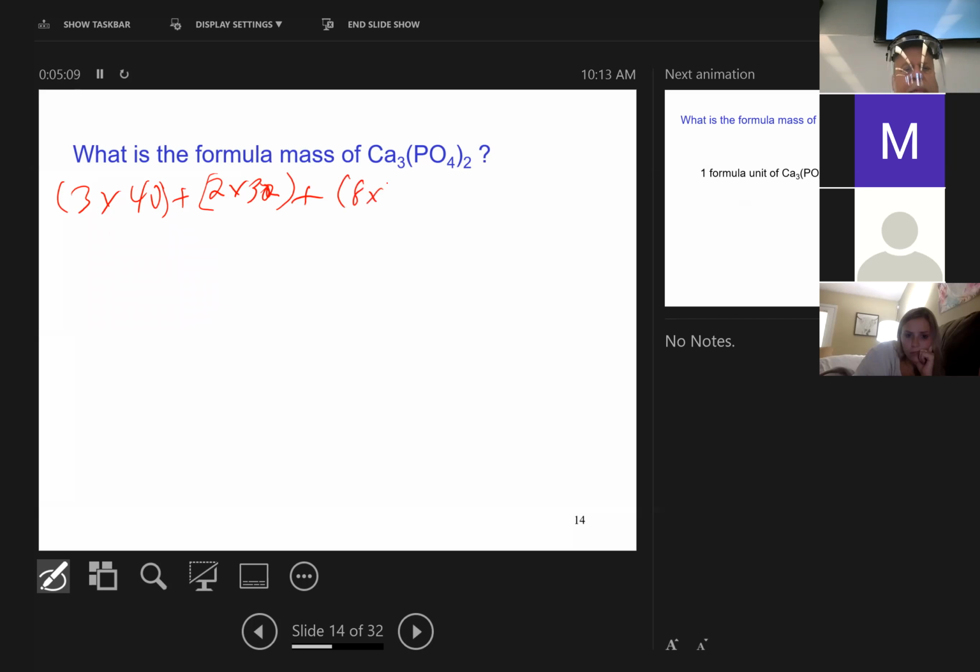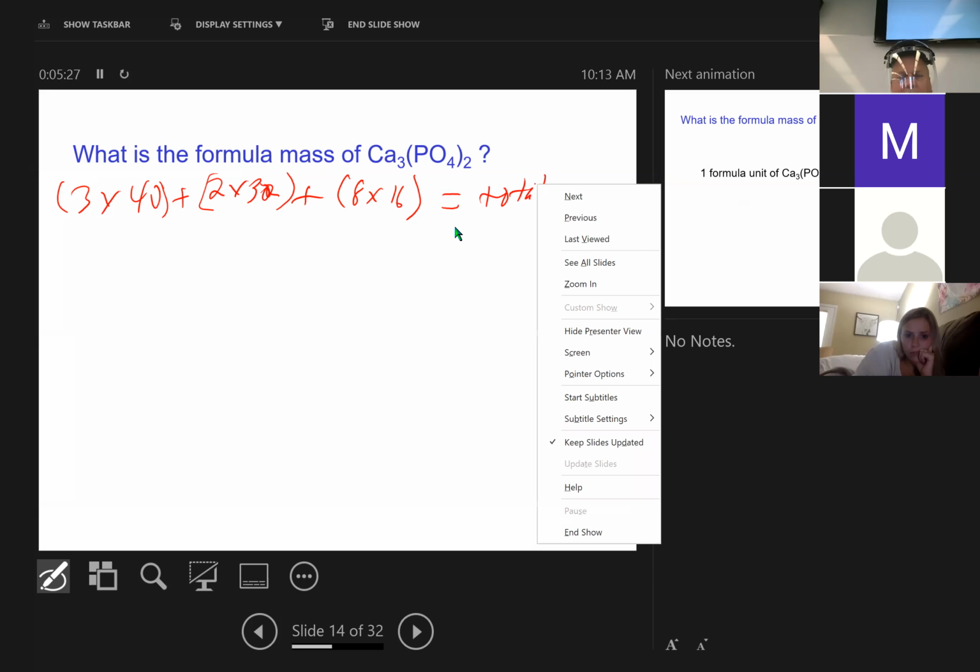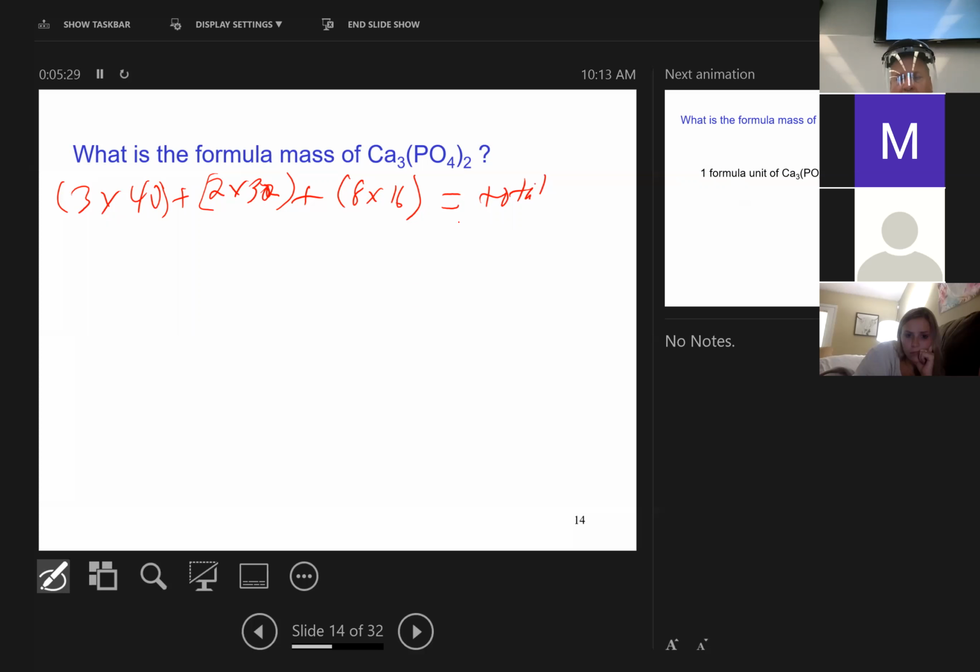So that's 8 times 16. And then you have the total. It's very straightforward. You have your calculator. It's just a very simple procedure to get that molar mass. So let's see how they do it here with the next slide.